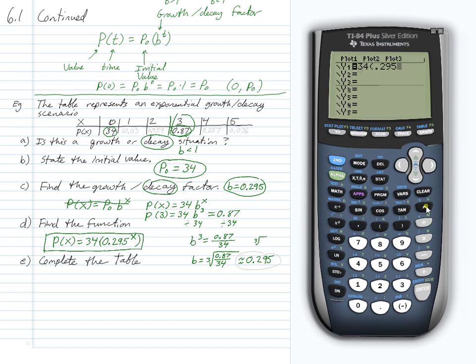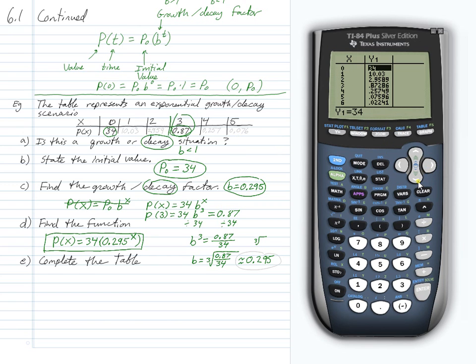Alright, so if I type in 34 times 0.295 to the x, and I go to the table settings, I'd like to make sure that the table is set to auto this time, which mine currently is, and the reason for that is if I start at 0 and I have the calculator generate 1, 2, 3, 4, 5 for x, then I can just read down the right-hand column.